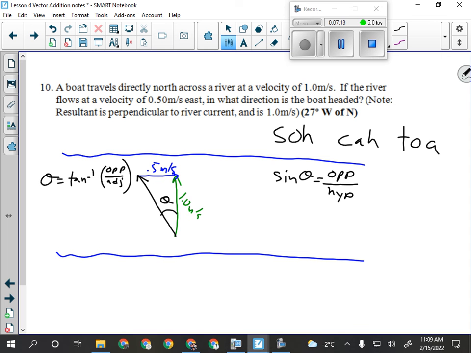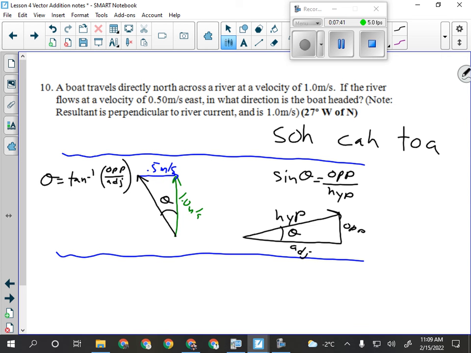When we're looking at a right angle triangle, here's my angle, here's theta. This is my opposite side, this is my adjacent side, and this is my hypotenuse. It's related to the angle. If the arc is touching that side, that's the adjacent side. If the arc is not touching that side, it's opposite.